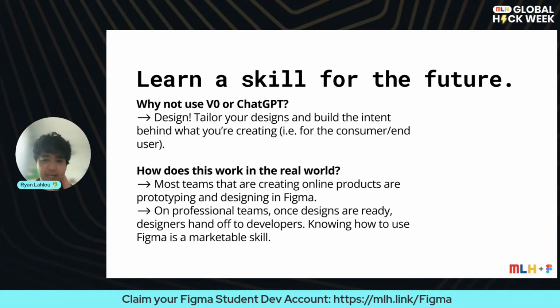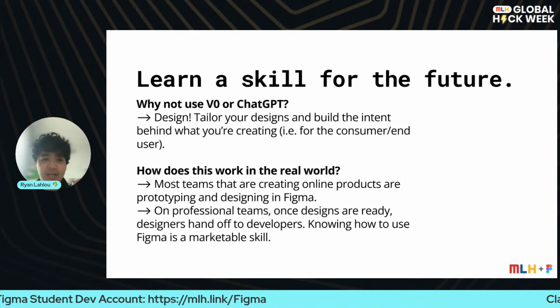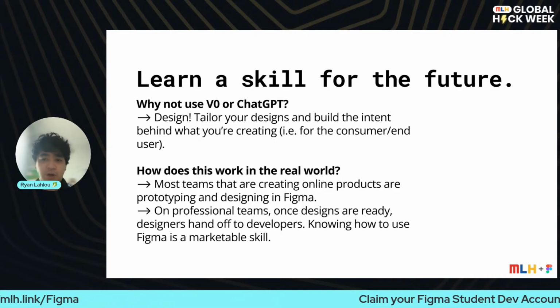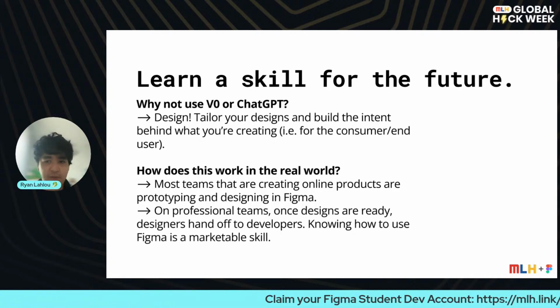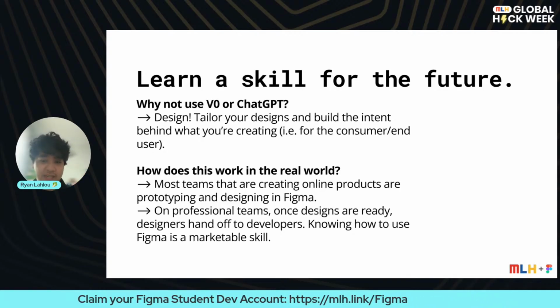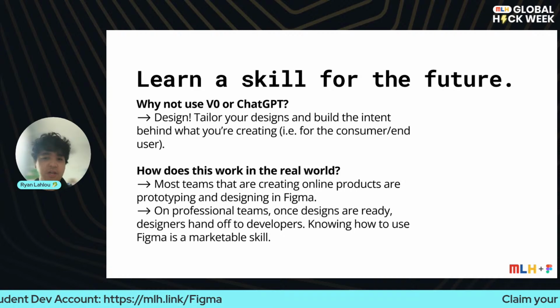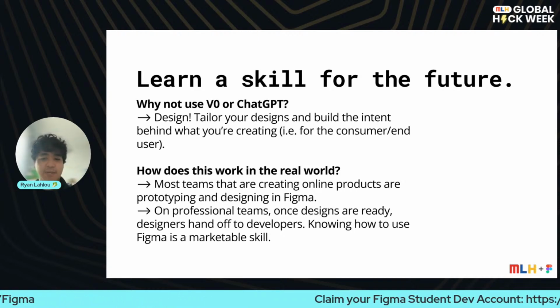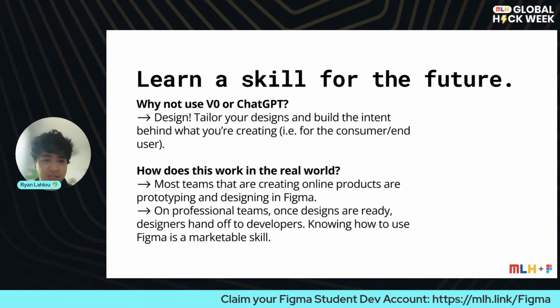So instead of trying to defer your thinking and your design to AI, you get to design with intent using Figma. Most online products are designed by teams that use Figma, and during the process of bringing designs to the device, designers will normally hand off their designs to developers who convert them to code. So TLDR, getting design experience with Figma will make you a more marketable engineer.